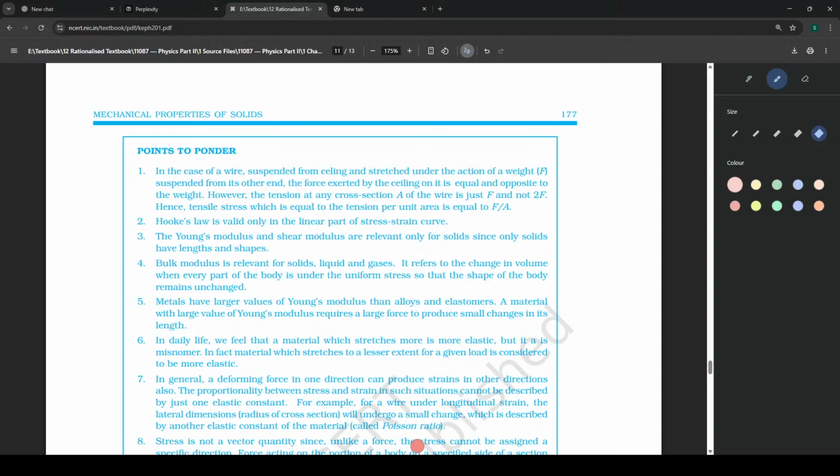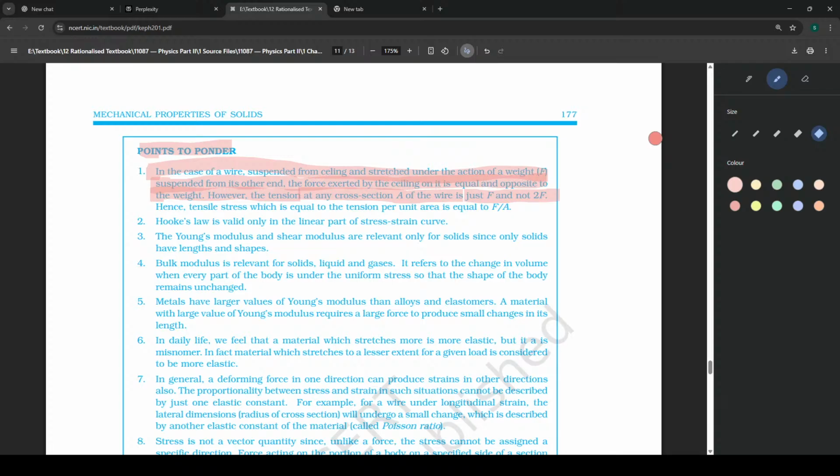Let's see some points to ponder. In the case of a wire suspended from a ceiling and stretched under the action of a weight F suspended from its other end, the force exerted by the ceiling is equal and opposite to the weight. However, the tension at any cross section A of the wire is just F and not 2F.